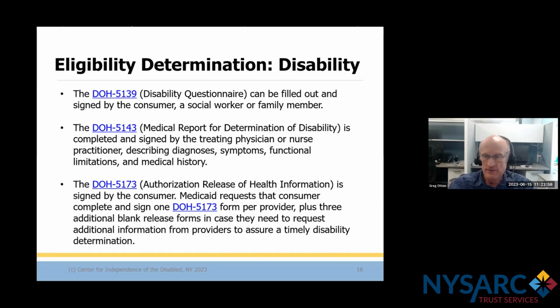DOH 5173 is Department of Health's version of a HIPAA release. They would want one for each provider who is submitting records so that they can ask for further information if they want it. And the Medicaid requests 3 additional blank release forms in case they want more additional information from other providers. That's the ask.